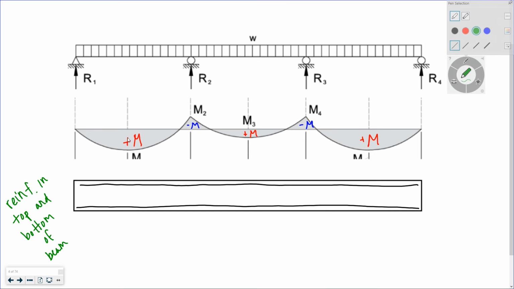If we're talking about this section right here, then we're going to have tension on the bottom and compression on the top. That's the definition of positive bending. Tension on the bottom, compression on the top. And if we look at, say, right here, now we're in negative bending. So we have tension on the top and compression on the bottom.